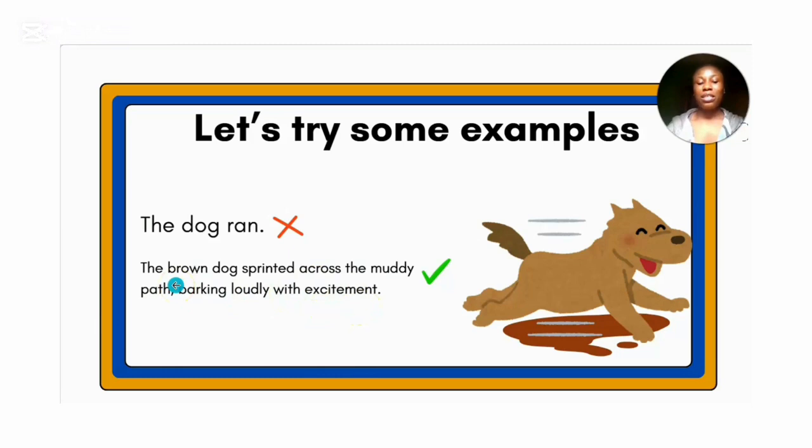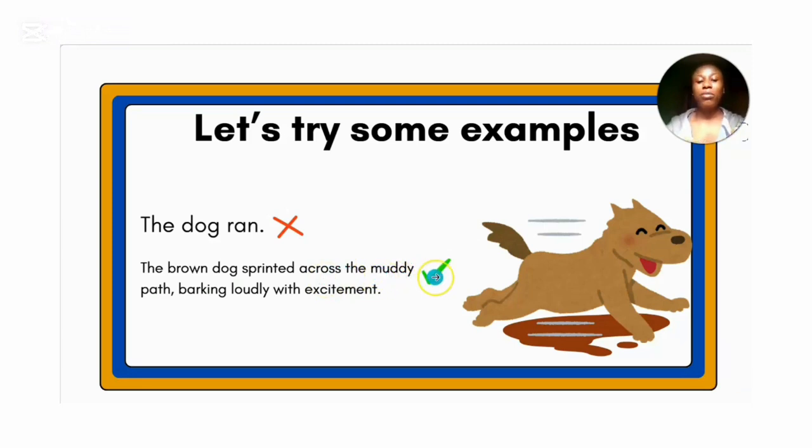This second sentence described the dog. What is the dog's color? It answered the question, what did you see? A brown dog, right? What was it doing? It sprinted, because it's in the past. Across the muddy path, right?